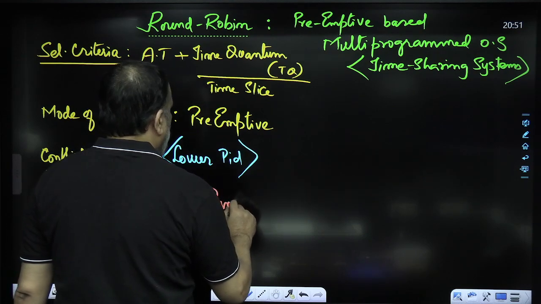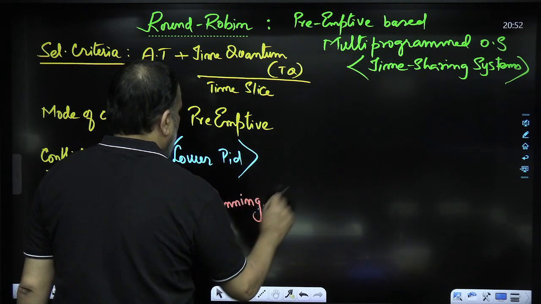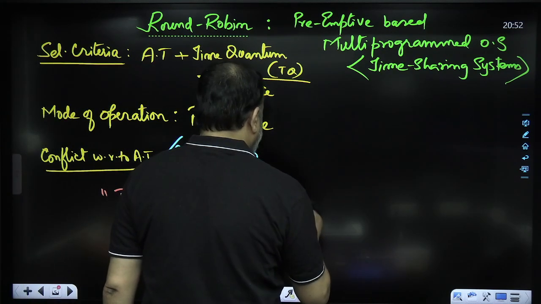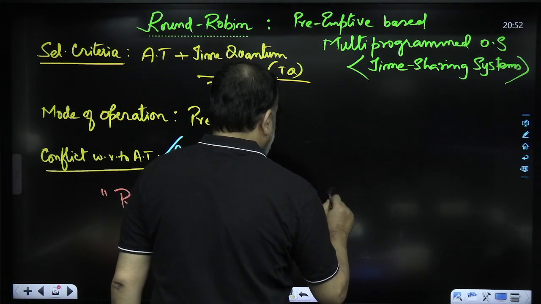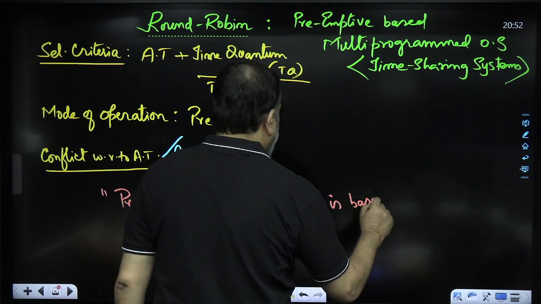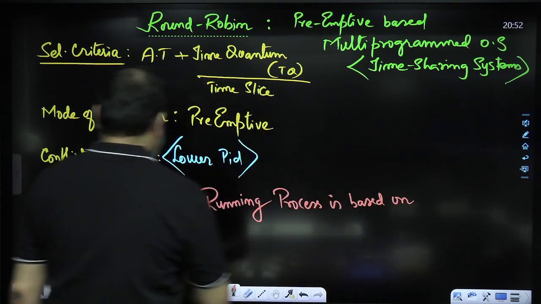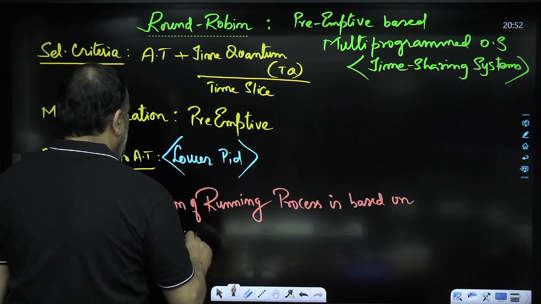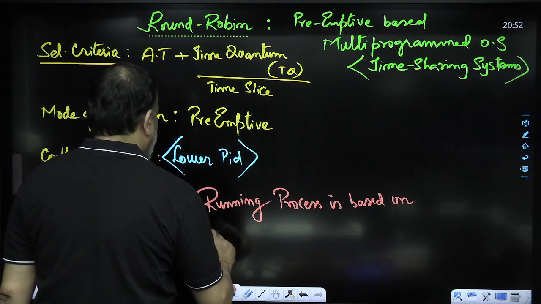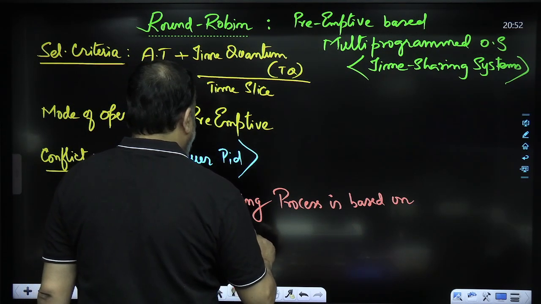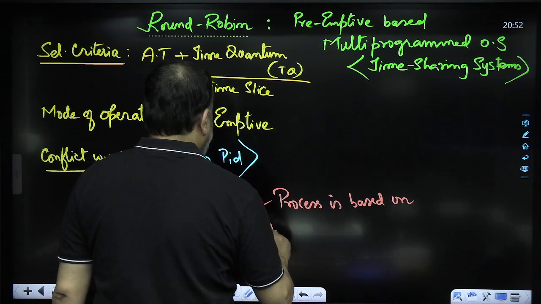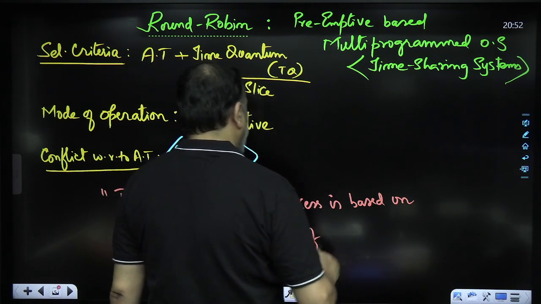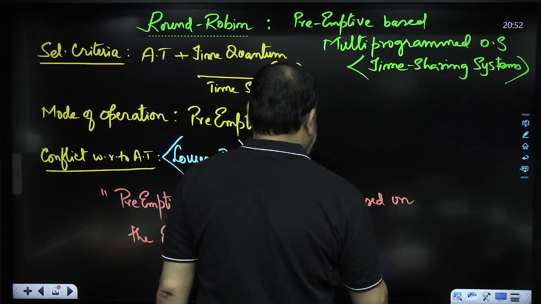The main working core principle of this algorithm I'm writing in the form of a statement. Preemption of the running process is based on the expiration, which means completion, of the time quantum.